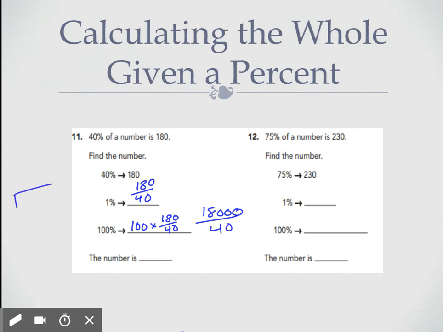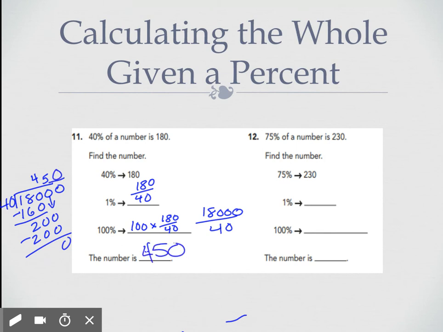To figure out that final answer, we need to do the long division. 40 doesn't go into 18, but it does go into 180 4 times. I get 160. Subtract, bring down my 0. 40 goes into 200 5 times. Because that's exactly 200, I just need to bring up my last 0. So 450 is the answer there.